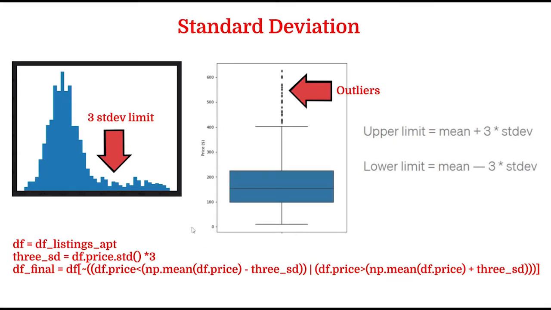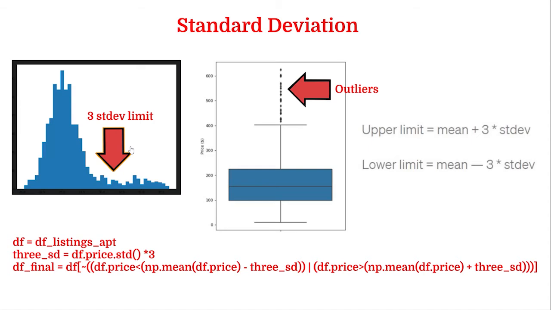The Airbnb data that I used here has a column named price, which is a numeric column, and I used that column to demonstrate the standard deviation implementation. Here I have used the 3 sigma limit, obviously mean minus 3 sigma and mean plus 3 sigma as the lower limit and upper limit respectively.